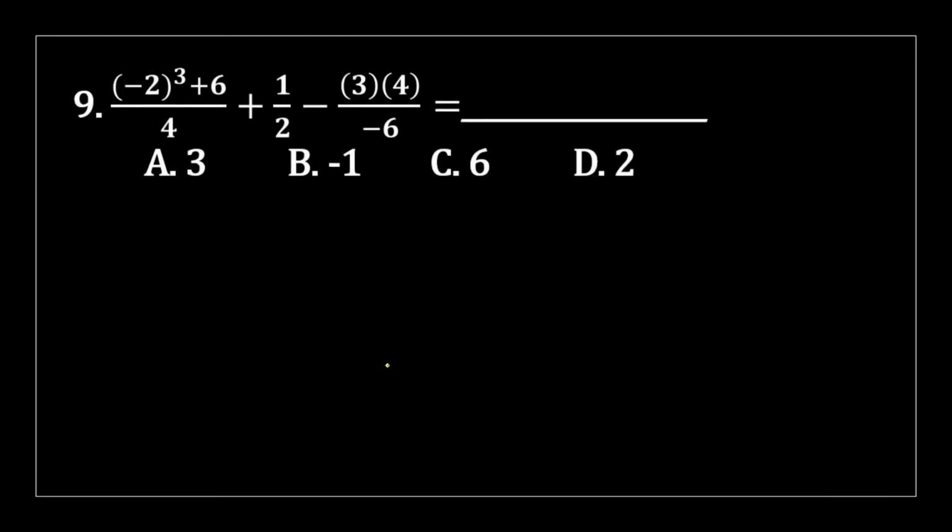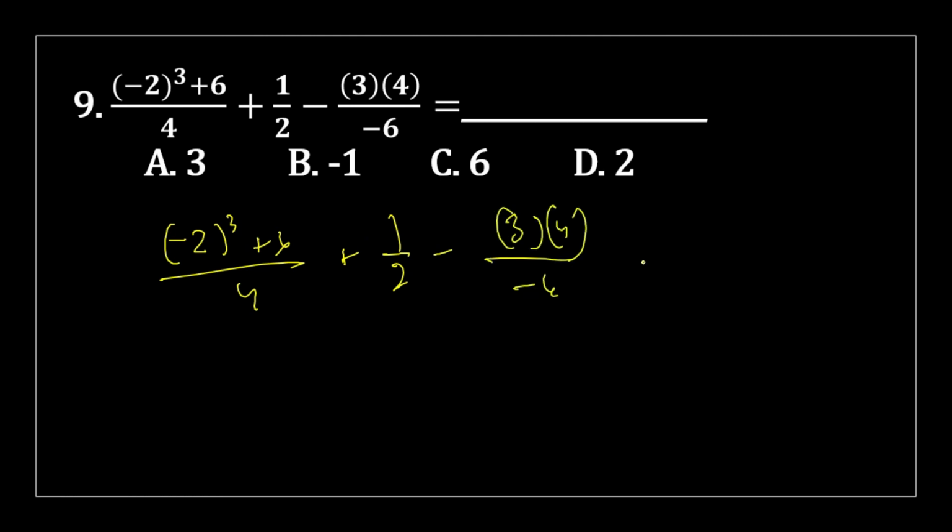Number 9. Again, let's just evaluate this equation so that we could get the answer. So we have negative 2 raised to 3 plus 6 over 4 plus 1 half minus 3 multiplied by 4 over negative 6.